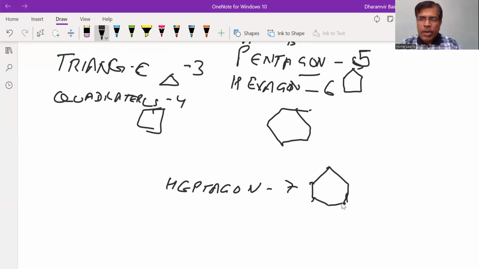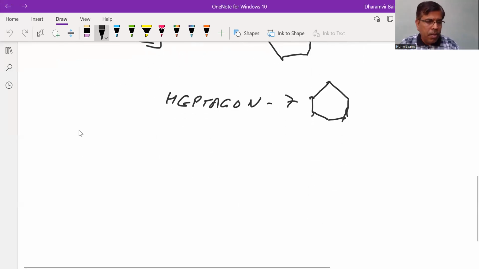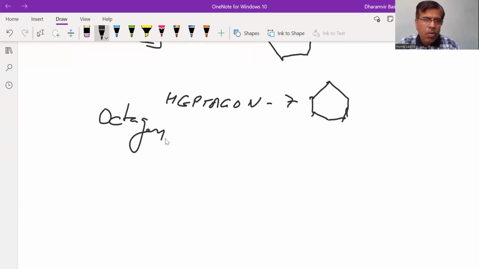This heptagon has 7 sides. Octagon has 8 sides. Nonagon has nine sides.